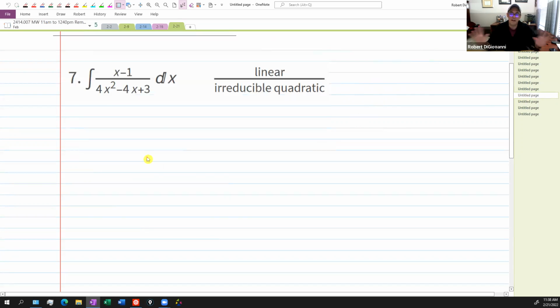This is one of my favorite problems in Cal 2 with doing integration, period. I mean, it's just one of my favorite integrals to do, because there are so many different ways to approach this problem. I guarantee you that if you go to a tutor, they're going to do it different than what I'm doing here.